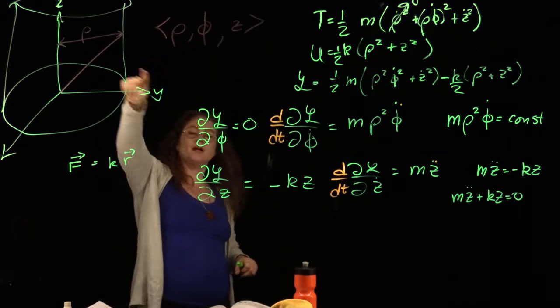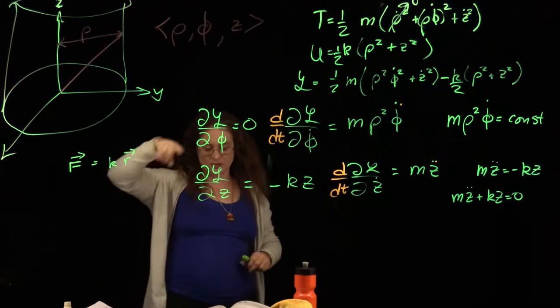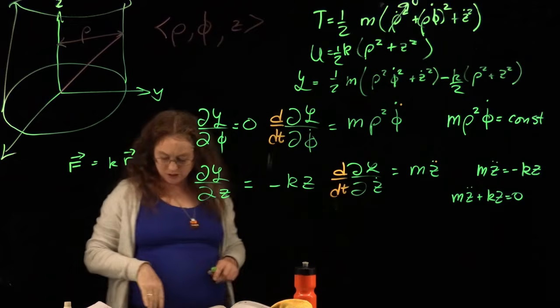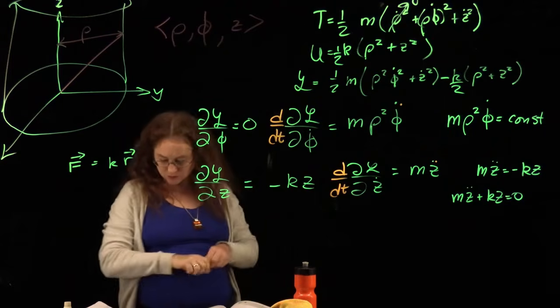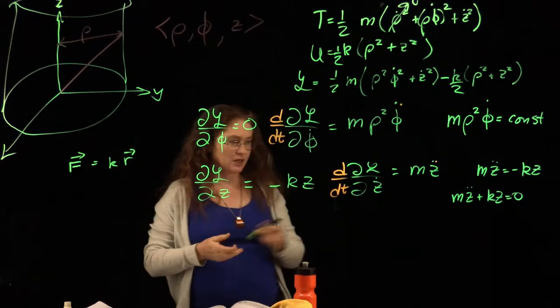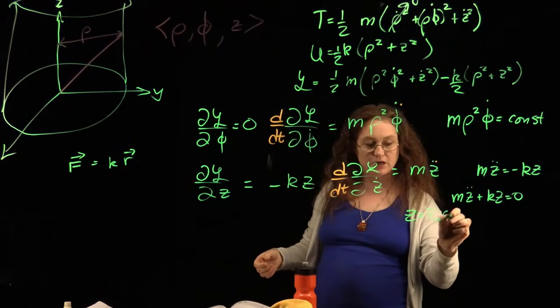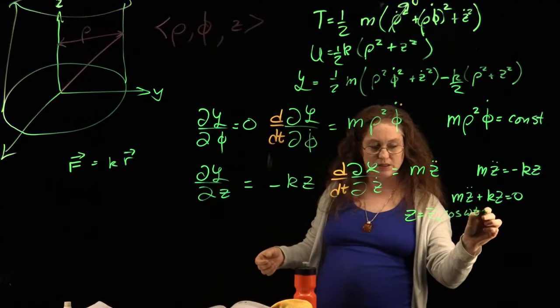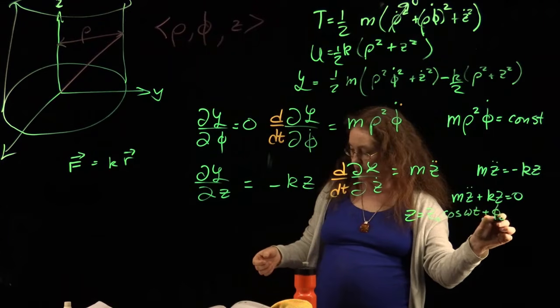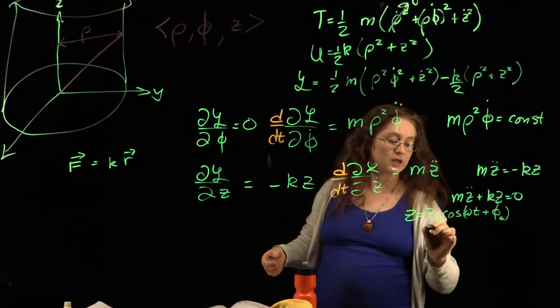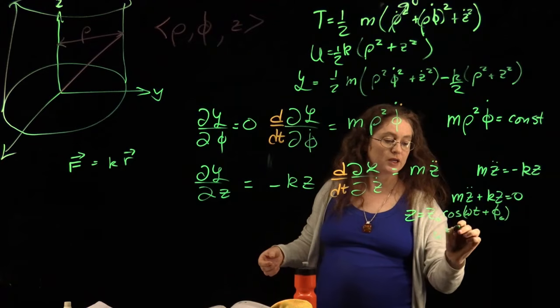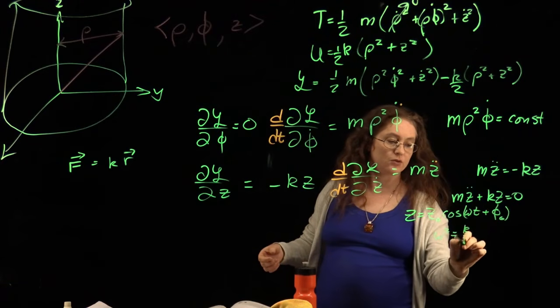And in the phi direction, it is moving at some sort of constant speed. So here I could write this as z equals z naught cosine omega t plus phi naught, where omega squared is k over m.